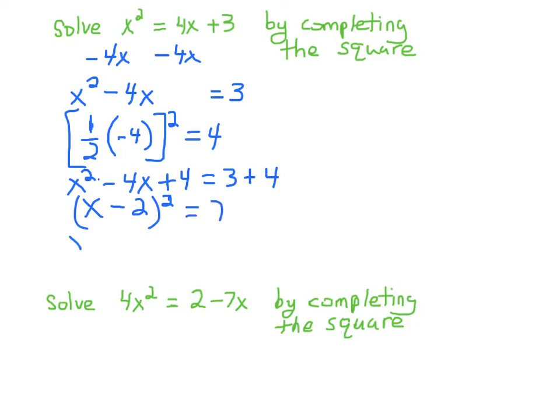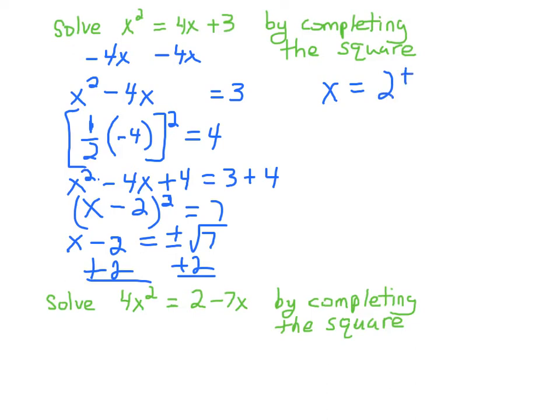Use the square root property. That'll be x minus 2 equals plus or minus root 7. And I'm going to add 2, and I'll have my two possible solutions of x equals 2 plus or minus root 7.